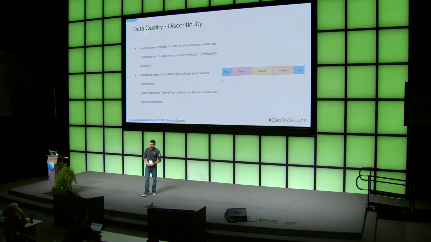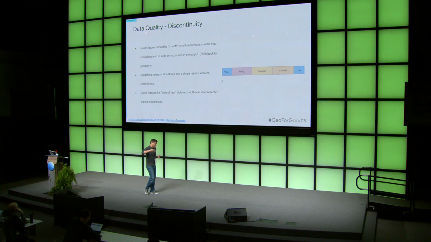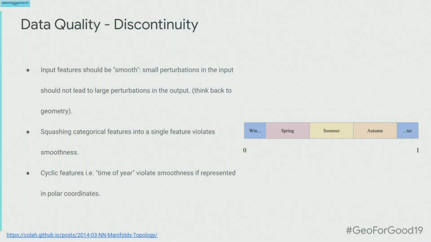Okay, so discontinuity in your input data is also somewhat relevant. We've been making this geometric analogy, and even when we were talking about embeddings, we were saying that points in embedding space that are semantically similar should be close together. So we're coming to the smoothness property that we'd prefer for our inputs. As an input slowly changes, we also expect the output to slowly change.